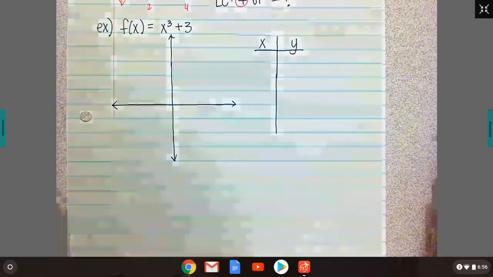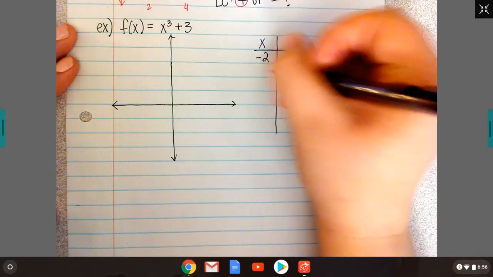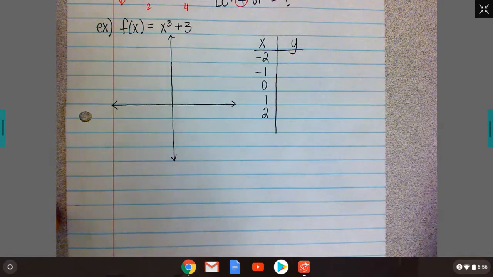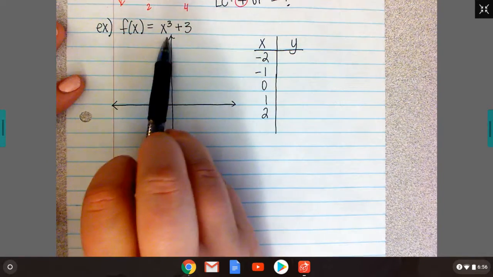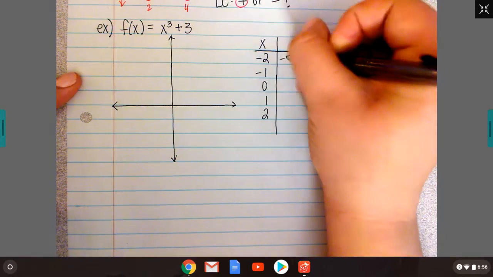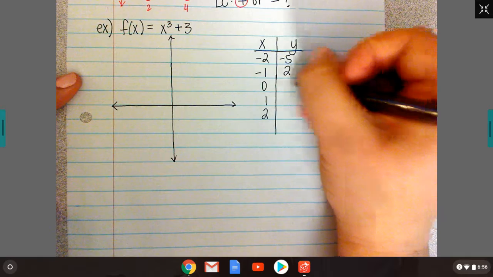Let's plot 5 points. So let's do -2, -1, 0, 1, and 2. And then we can either use our graphing calculator to find these points or plug it in and do order of operations. I've already done that. So here is our table fully completed.